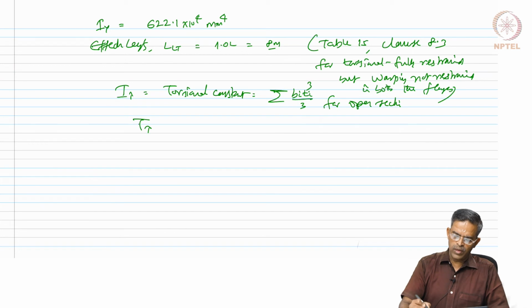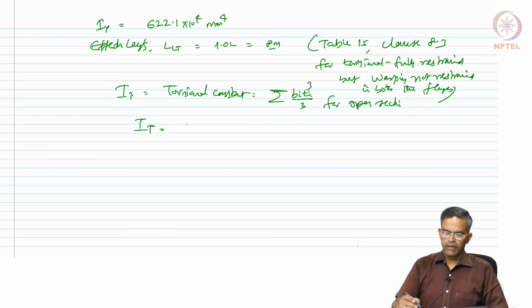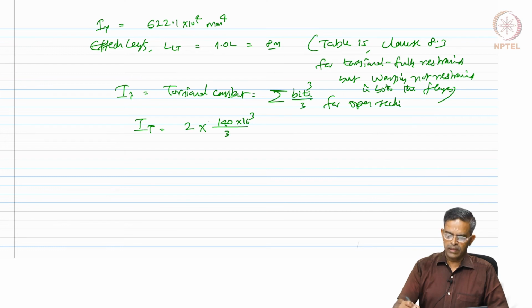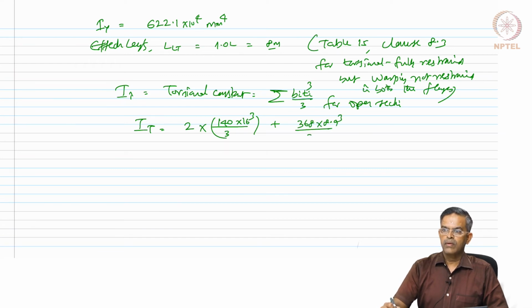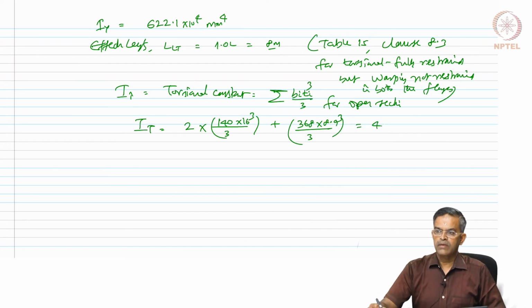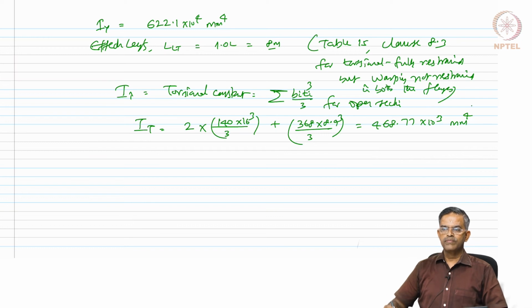So, let us find out for our problem It: twice of 140 into 16 cube by 3 plus 368 into 8.9 cube by 3, which comes to be 468.77 10 power 3 mm4.